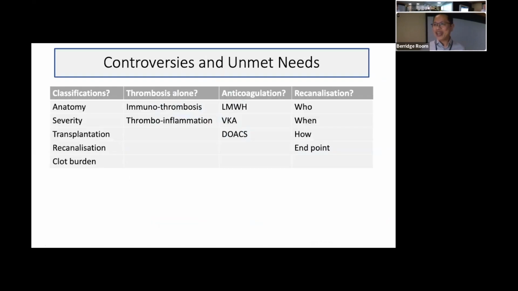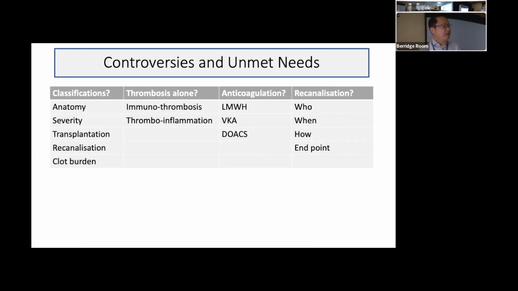I also talked about mechanism, and I talked about the controversies of portal vein thrombosis on classification, and whether portal vein thrombosis is just purely thrombosis itself or a combination of underlying immune dysfunction, which triggers a cascade of clotting disorder that may lead to thrombosis and subsequent inflammation.